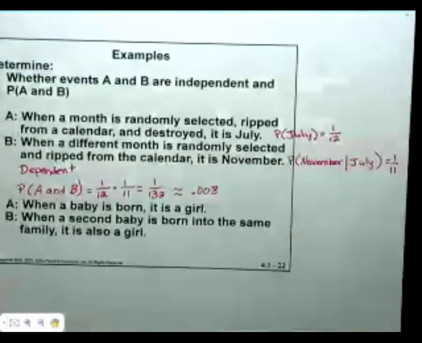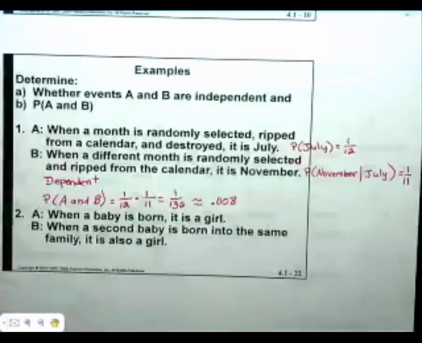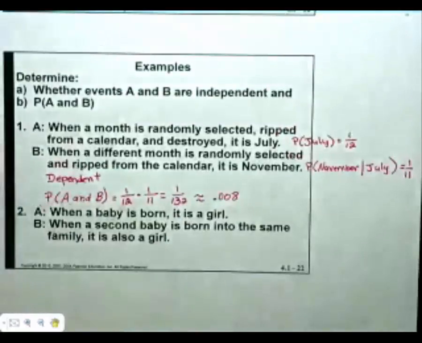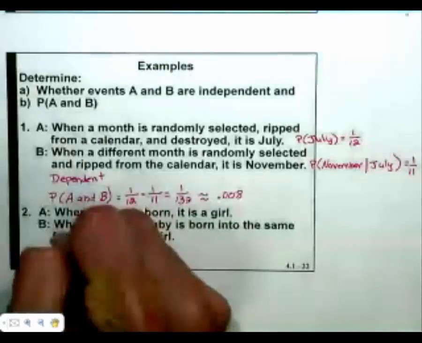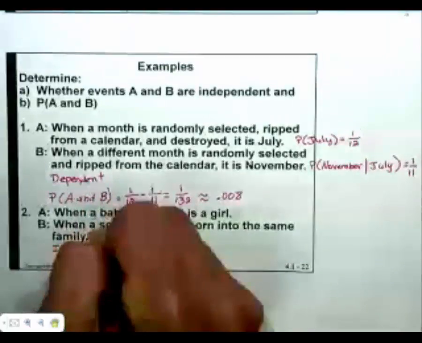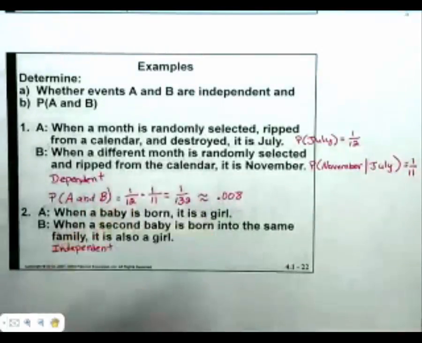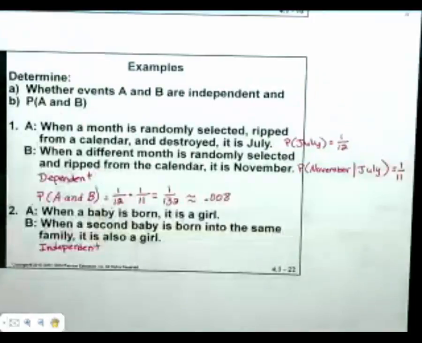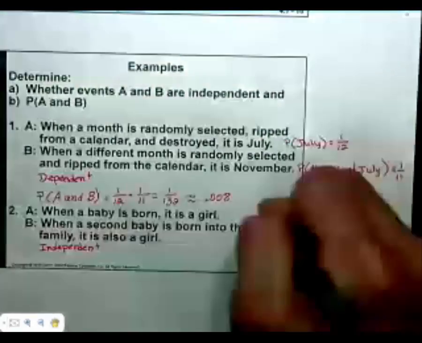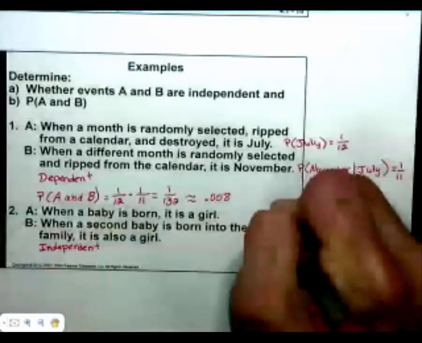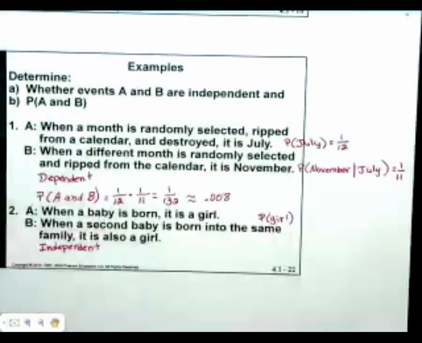What about number 2? If event A is, it's a girl, does that affect at all what you expect to be the gender of the second child? No. Those 2 events are independent. The first kid, the probability of a girl is what? You could say 0.5 or a half, whichever is your favorite.